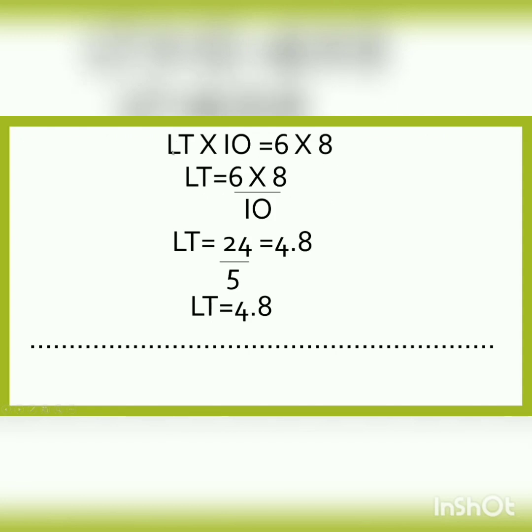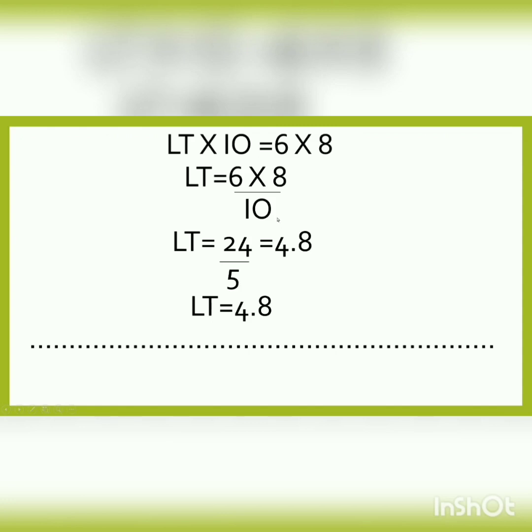Therefore, we have to find the value of LT. So, transfer 10 to the RHS side. LT is equal to 6 into 8 upon 10. After dividing, LT is equal to 24 upon 5.